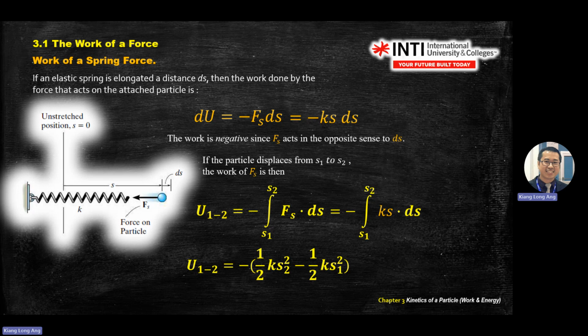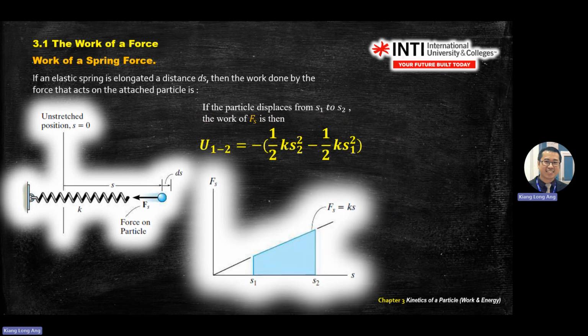The third one is the spring force. Then chapter 3 will combine these 3 components into one question. It either asks you spring problems, weight problems, or external force problems. This one is just a graph presentation of the energy if you plot force versus distance traveled.